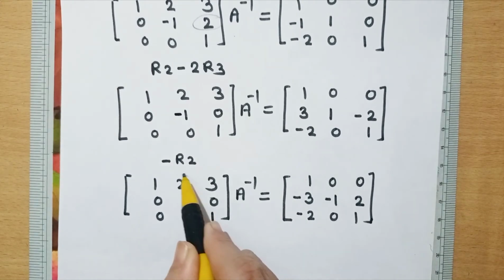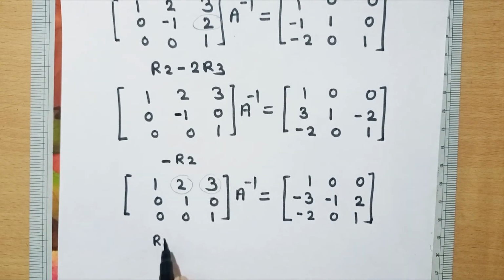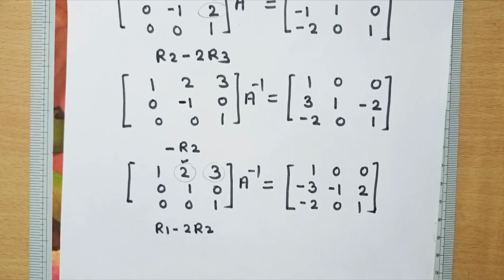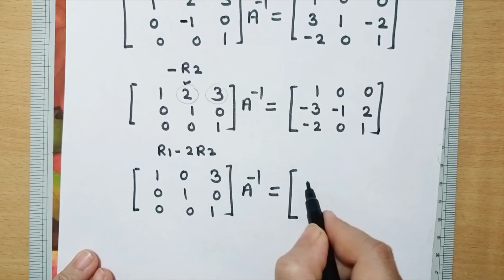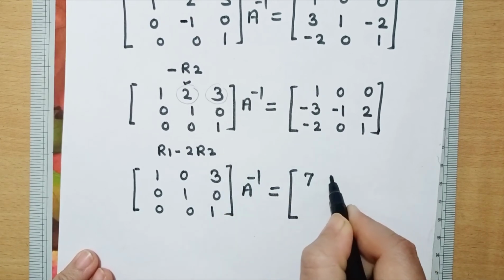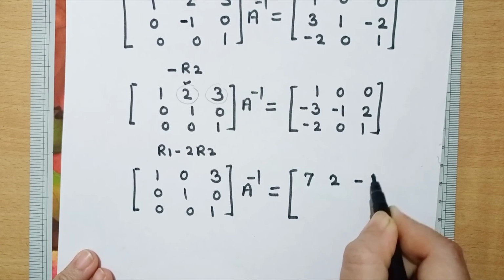And first now make this element 0 and afterwards make this element 0. So first I'll write R1 minus 2R2. So only this element will be 0, equal to 1 plus 6, 7. This is plus 2 and this is minus 4.